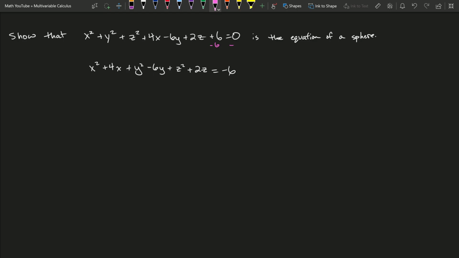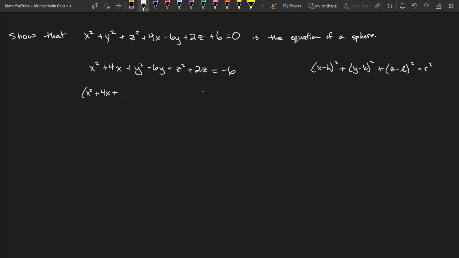If you're confused as to what I did, I just subtracted 6 from both sides. We know that we need to get the equation into a form where it's x minus h squared plus y minus k squared plus z minus l squared is equal to r squared. Well, we could do this by grouping terms and completing the square. So let's go ahead and try and complete the square.